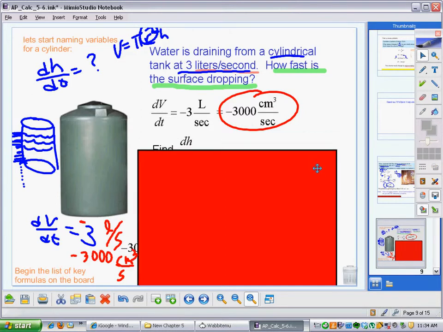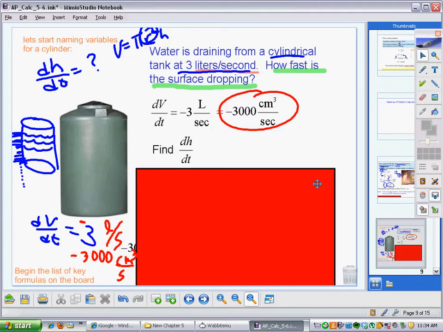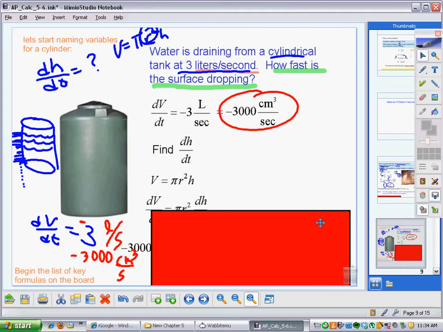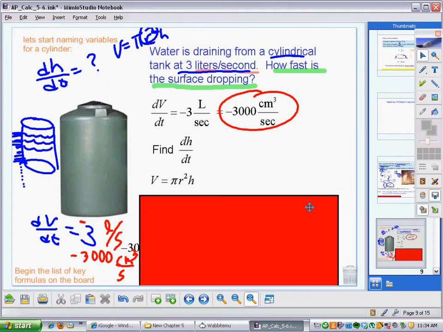Okay, so where do we go from here? Question is find dH/dt. I did all this already. Then you start with your volume formula, then you take your derivative. Go ahead and take your derivative. Now let me ask you a question before you get too far. Do you need a product rule here?